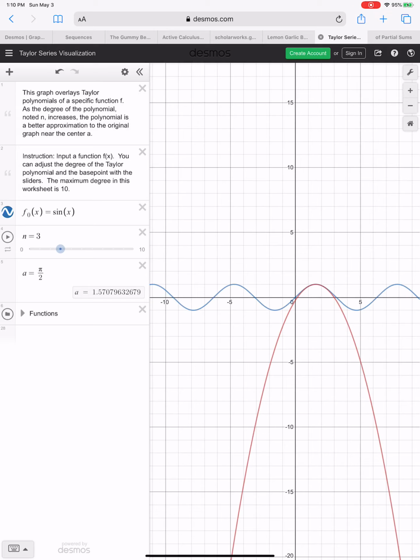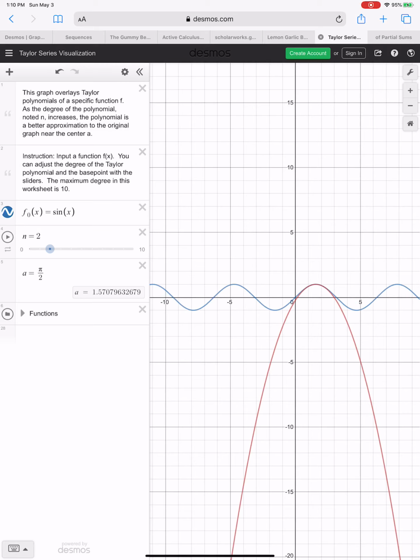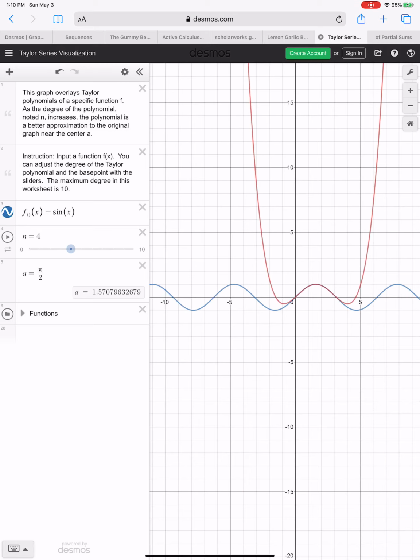Again, the function is symmetric about the base point, and so we're only getting even contributions. And here we see the best degree 4 approximation, and you can see if we compare this to the degree 2 approximation that it's hugging the curve for a larger amount of the graph.